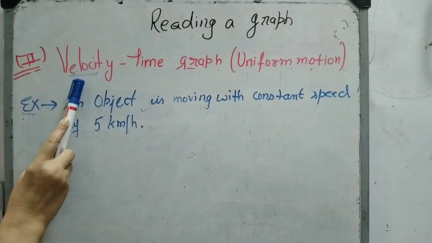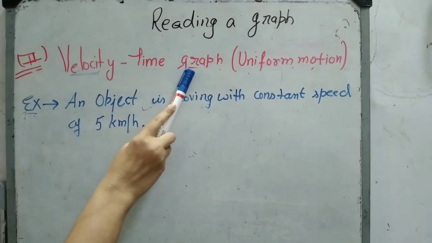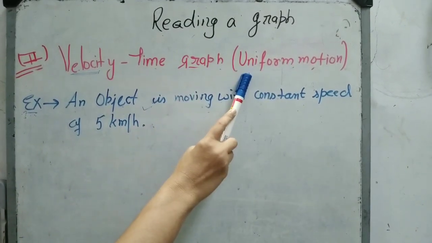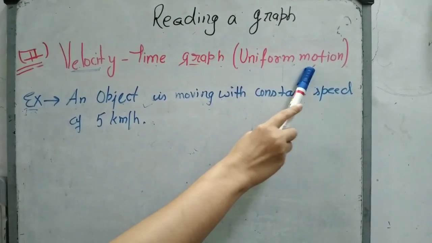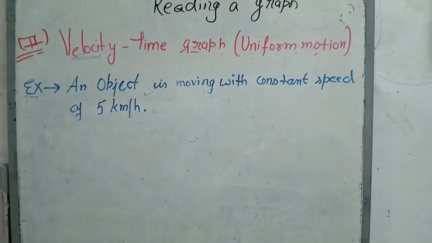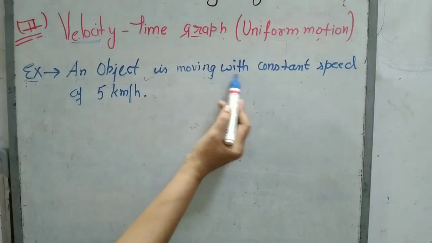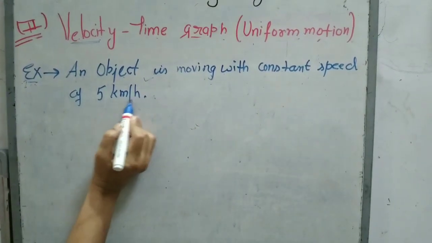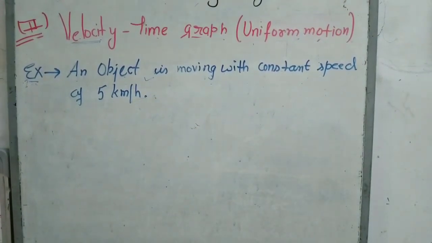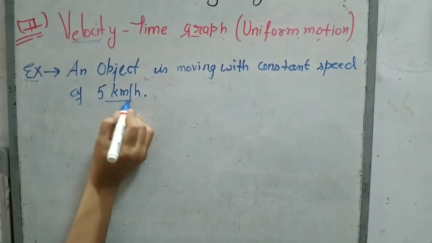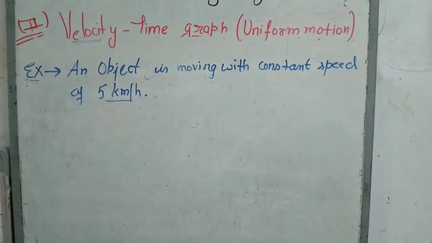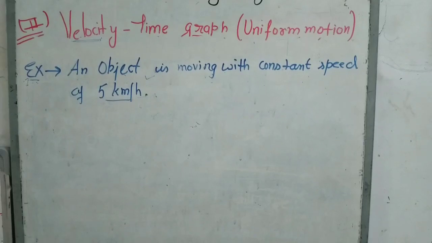Now students, we will study the velocity time graph under the case of uniform motion. Means we will see when the object is in uniform motion, we will study the velocity time graph. For that we have taken the same example. The object is moving with a constant speed of 5 km per hour. As we can see, the velocity is constant.